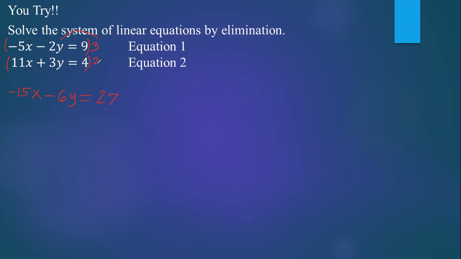Now we have to multiply the second equation. 2 times 11x equals positive 22x. 2 times positive 3y is positive 6y, equals 2 times 4 is 8.